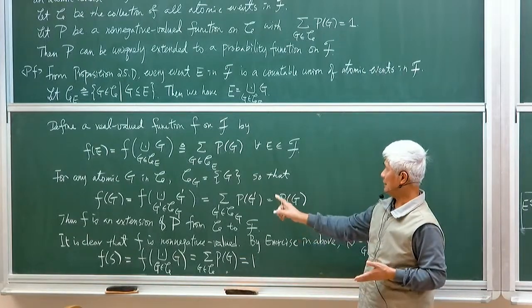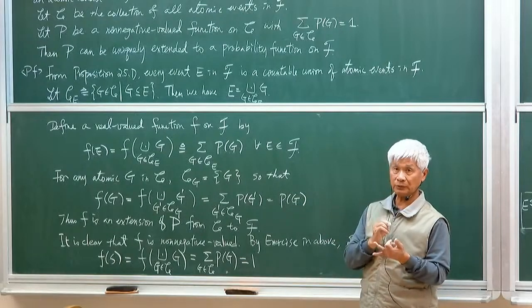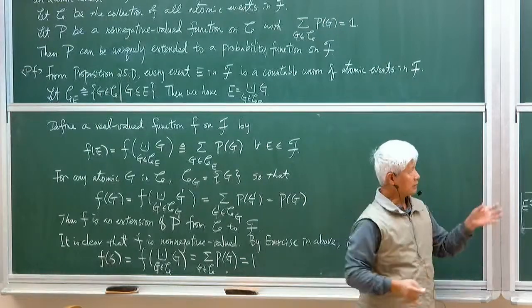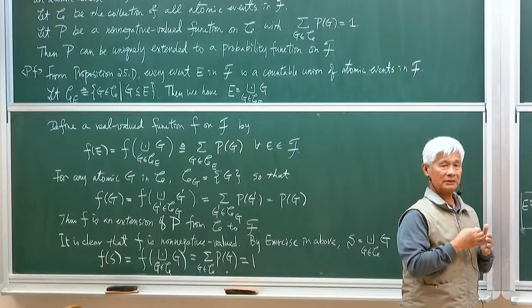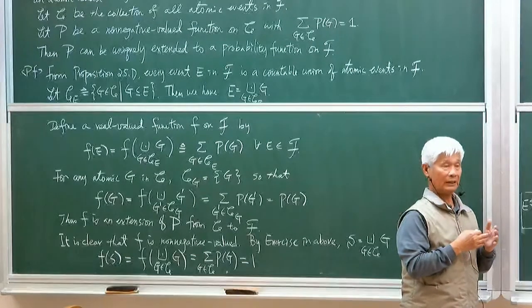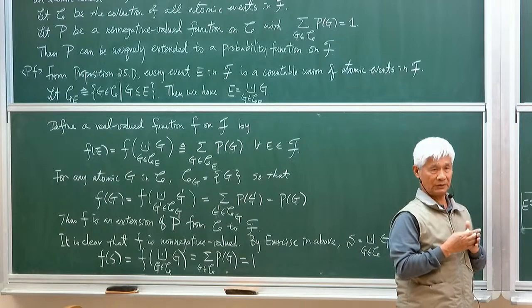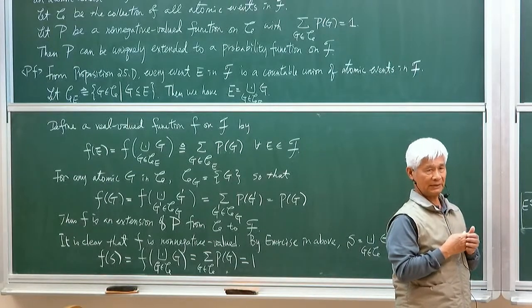So we have the non-negativity and normalization already. The only axiom left to prove is that F satisfies axiom number 3, countable additivity.